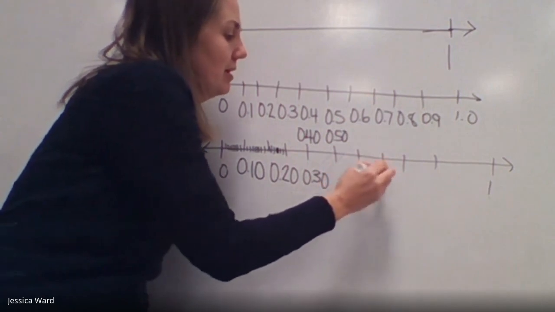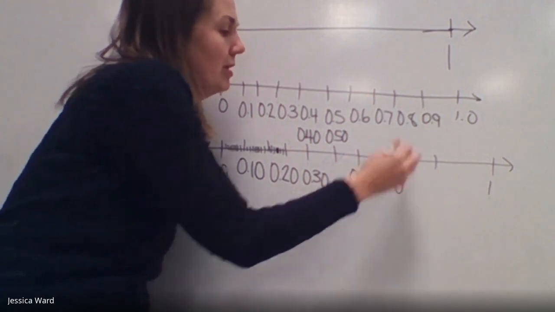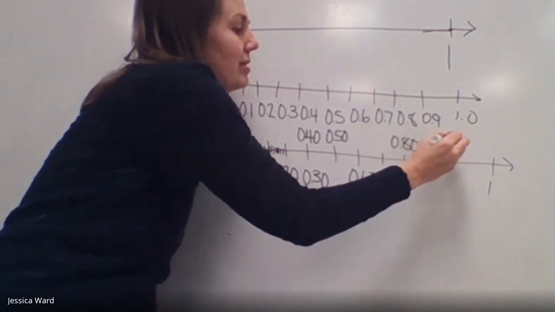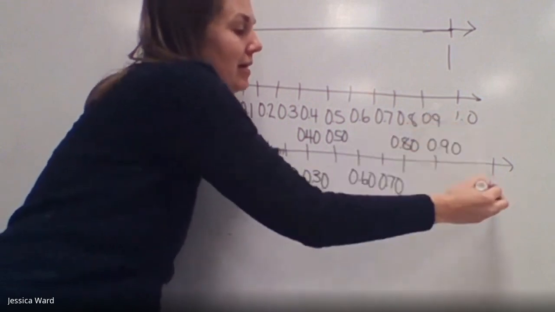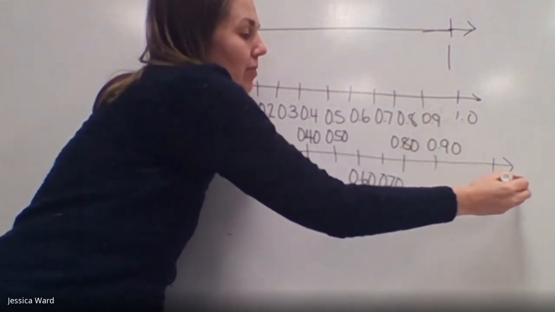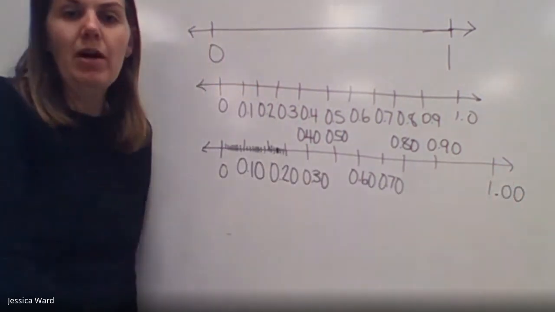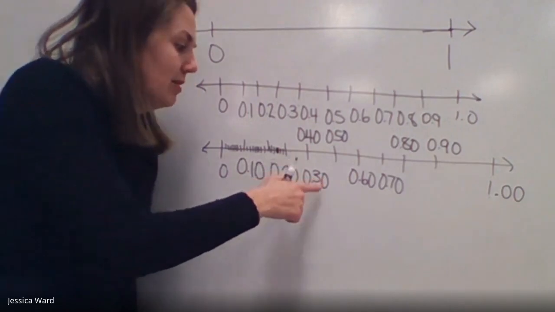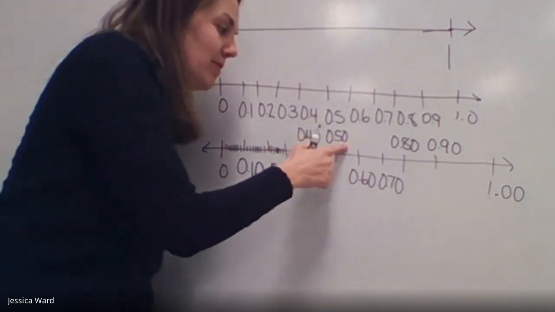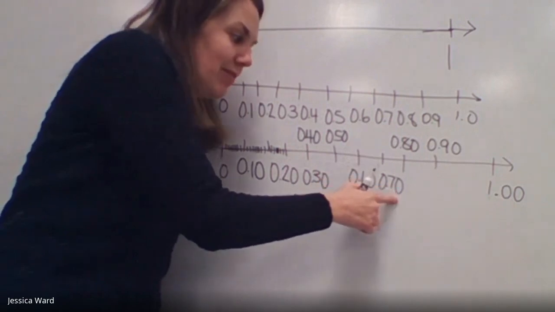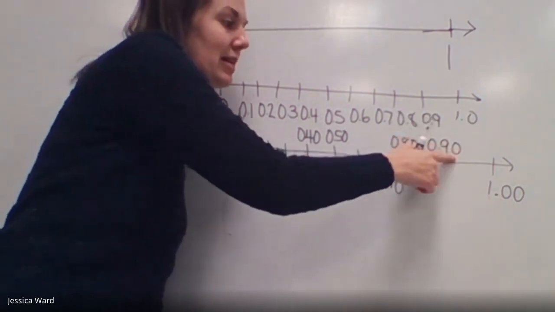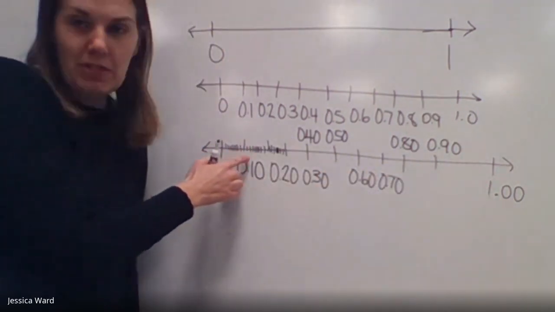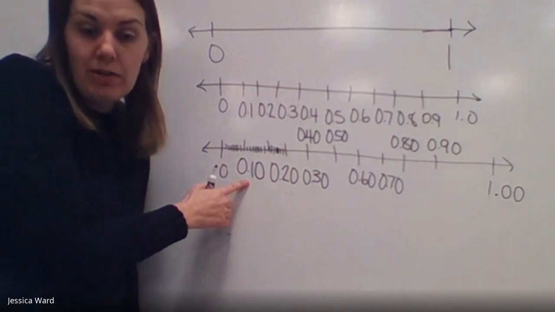I'm going to stagger so that I can squeeze them all in. 0.7 hundredths, 0.8 hundredths, 0.9 hundredths. And then if I had 10/10, here I'm going to have 100 hundredths, right? So we're thinking of it as 10 hundredths, 20 hundredths, 30, 40, 50, 60, 70, 80, 90 hundredths, and 100 hundredths, because between each of these we have 1, 2, 3, 4, 5, 6, 7, 8, 9, 10 hundredths. Okay?